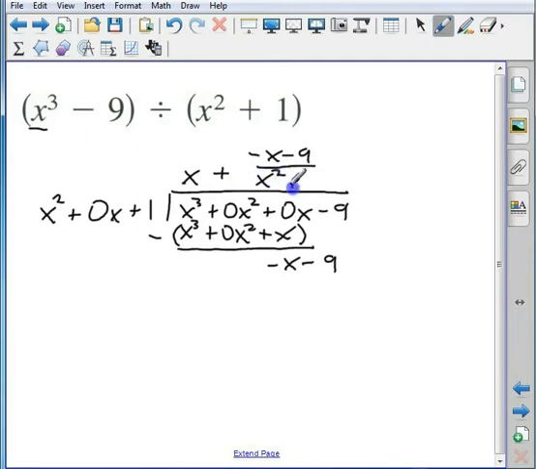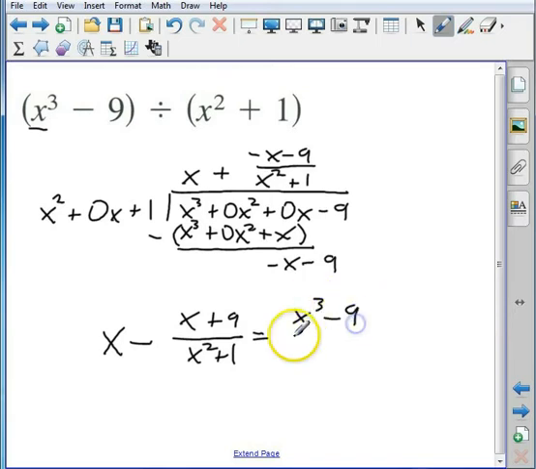You know you have your remainder when the degree of what's left is less than the degree of your divisor. Now I've got a negative x minus 9, so I'd probably write my answer as x minus x plus 9 over x squared plus 1.